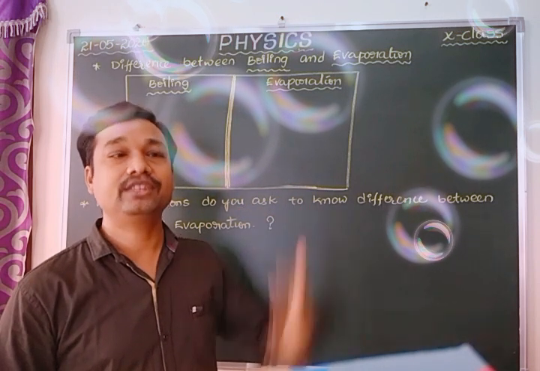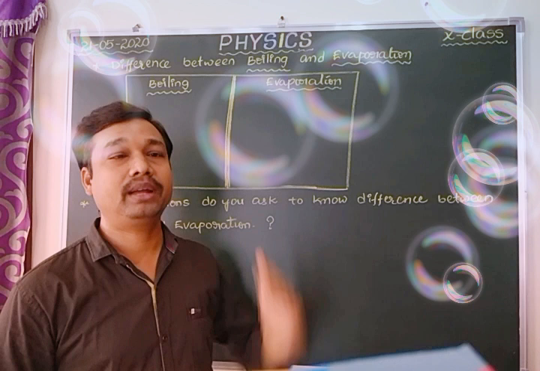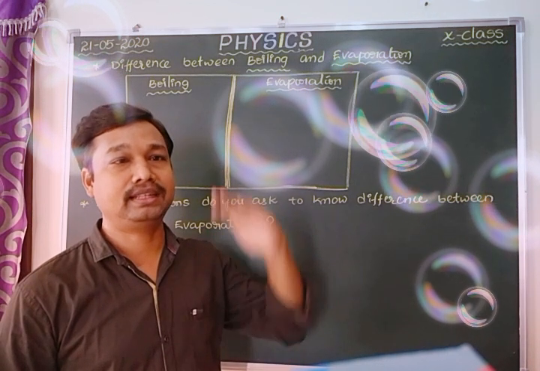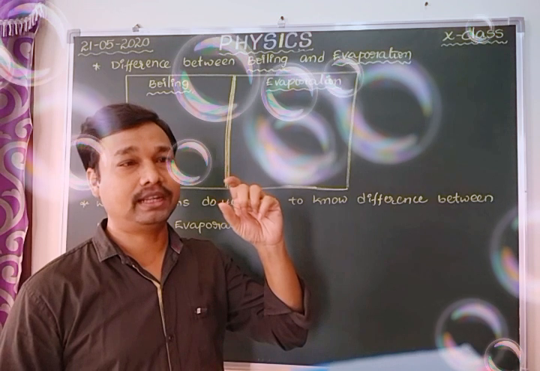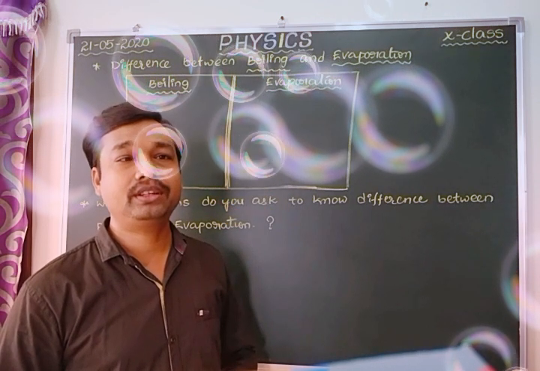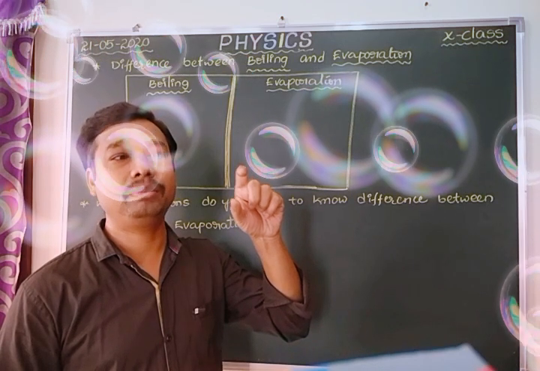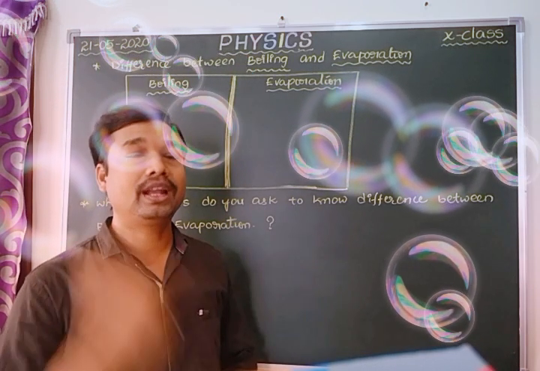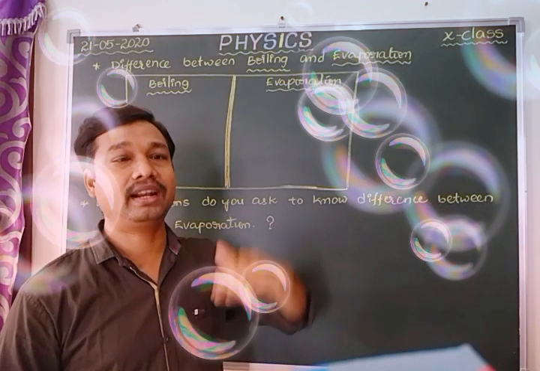It reaches saturation. When it reaches saturation, the air bubble starts rising up. Or we can consider one more point: the pressure of the gas inside the air bubble becomes equal to the atmospheric pressure. When it equals atmospheric pressure, it rises.